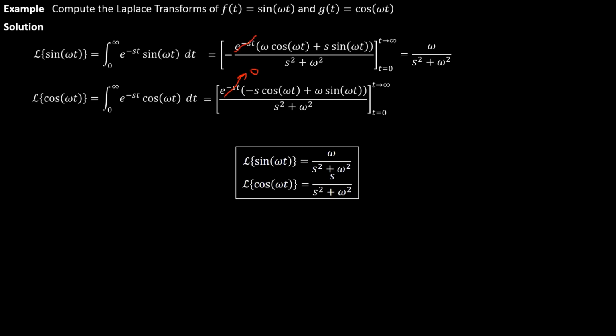And as a result of that, the only thing that matters is these values when t is equal to 0. When you plug those in, well, you have cosine 0 is 1 and sine 0 is 0. So that's where these came from, if you're curious, as well as this.